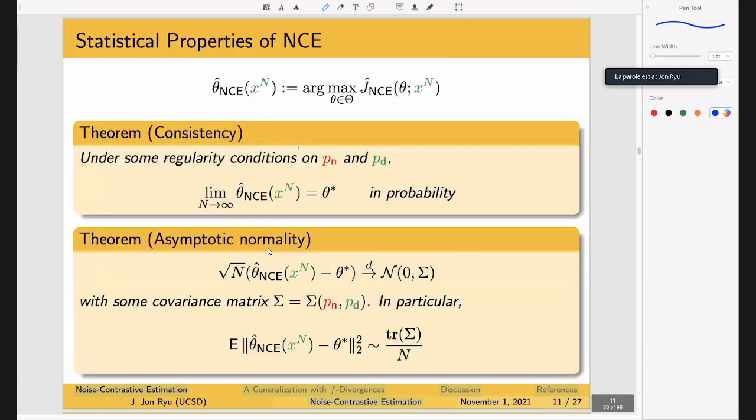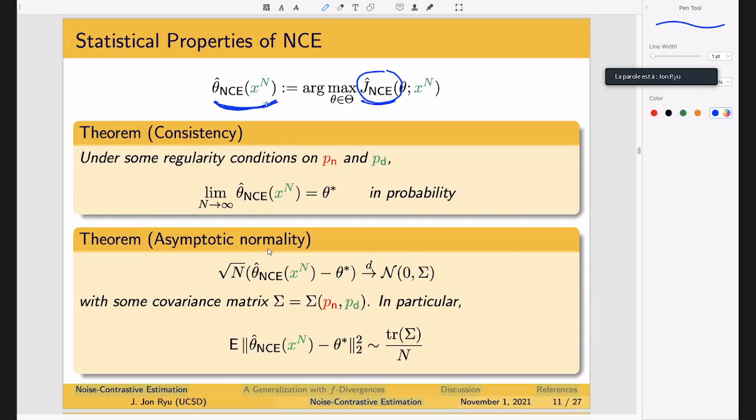And let me give you some facts on the statistical properties of NCE. Given samples, I told you that the estimator is taken as the maximizer of the J hat NCE. This is what we aim to compute in practice given samples.